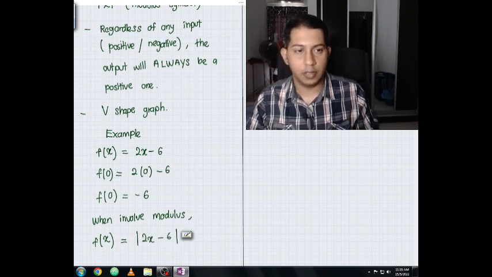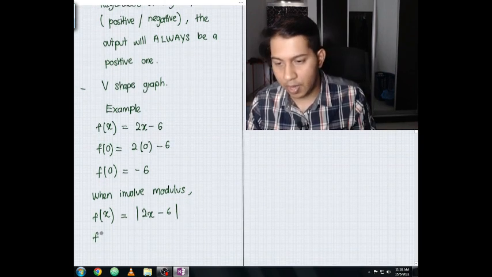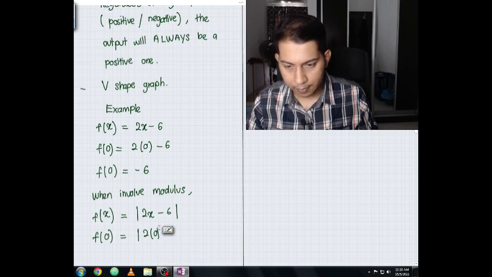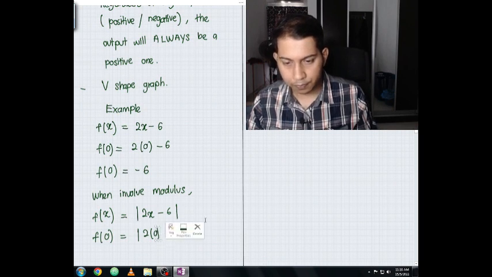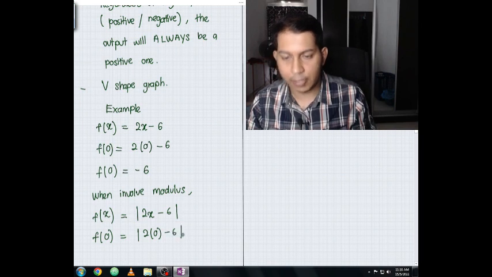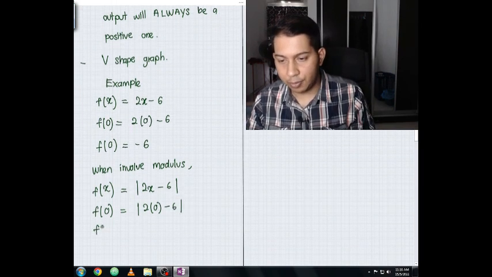You use the same object value, which is 0. So f(0) equals the bar, then 2 times 0, minus 6, close bar. So you get f(0) equals the modulus of negative 6.